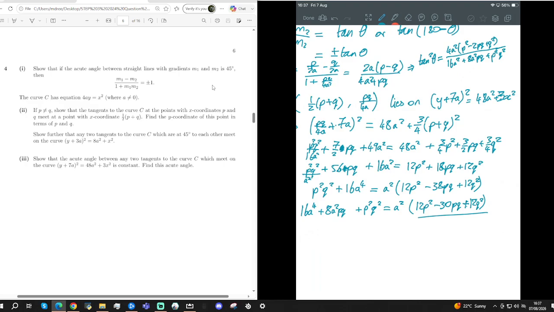I'm really not liking that 30. It makes me feel like that 30 is definitely wrong in some way. Where could that have gone wrong?